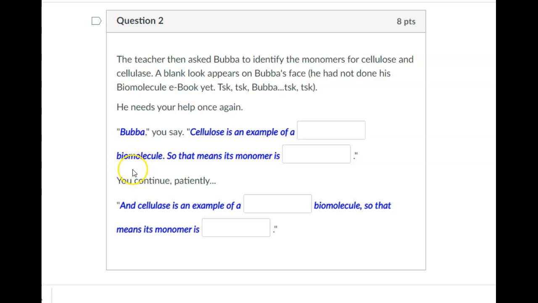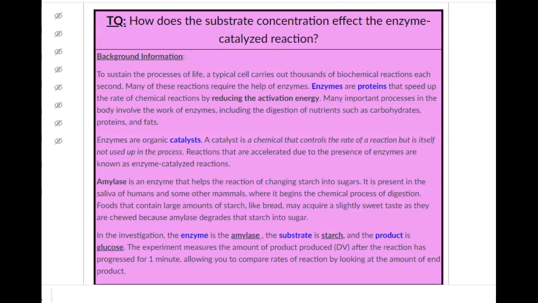So this first part came directly from the text up above. Now this one, you did have to apply knowledge of an enzyme and what type of biomolecule an enzyme is. That would come directly from your biomolecule book. It would have also come from your investigation last Friday in this background information.